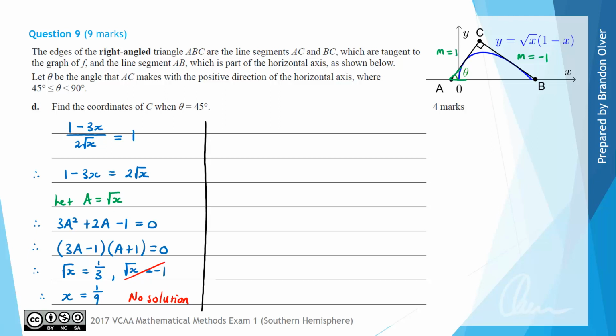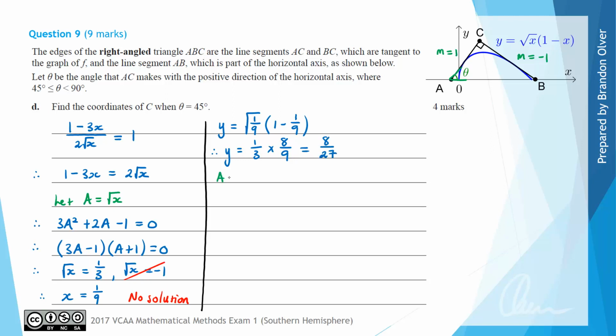So if x equals 1/9, we get y equals the square root of 1/9 multiplied by 1 take 1/9, and that would give y equals the square root of 1/9, which is 1/3, times 1 subtract 1/9, which is 8/9, which equals 8/27.